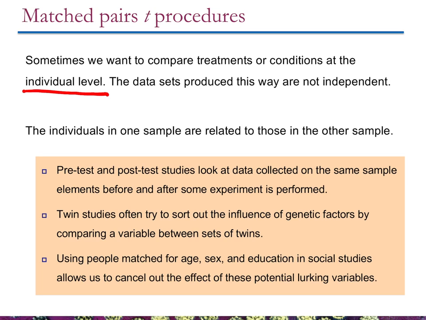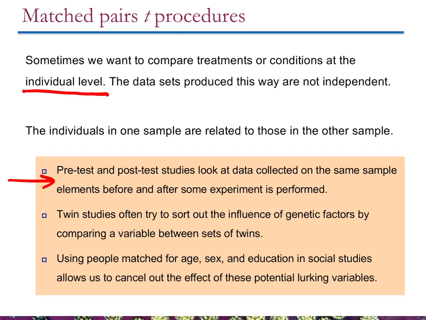The individuals in our sample, or the individual data points that we use to generate our sample, are related to those in another sample. So we have two data points in particular that are related to each other in some way. They're not independent. Best example of this is pre and post test scores.